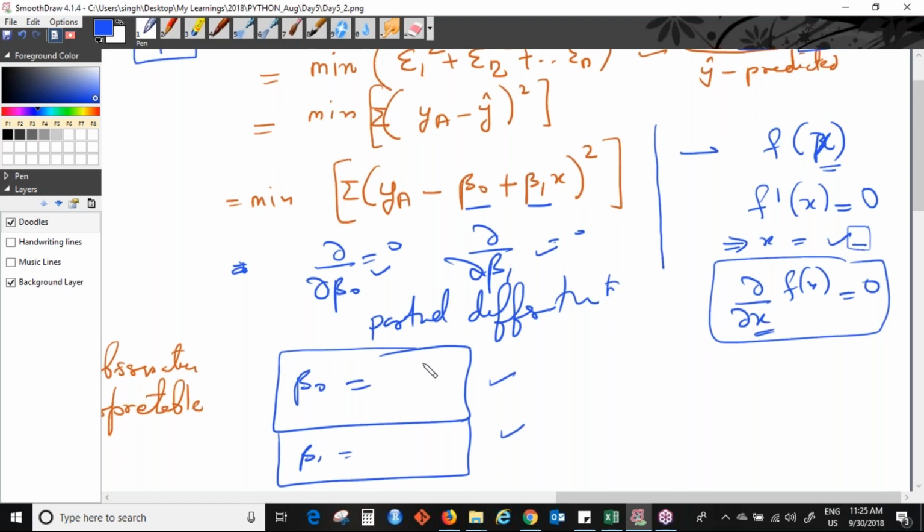Okay. So we'll not go into further details of the maths. I will not do it manually and show it to you. But if you do this, you can get the values of beta naught and beta 1. Okay, so this is the maths behind linear regression.